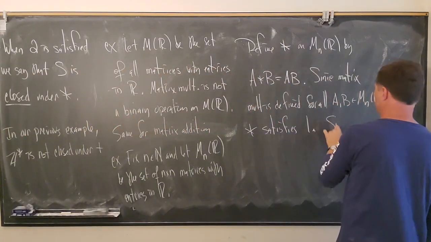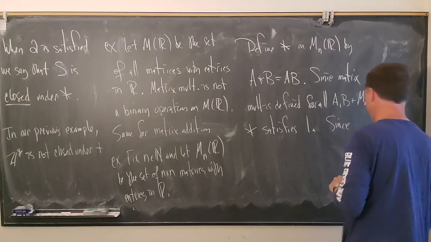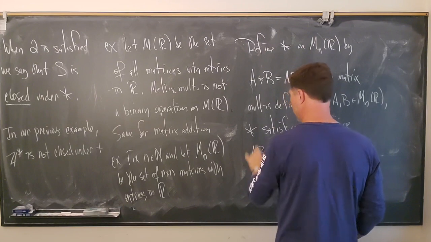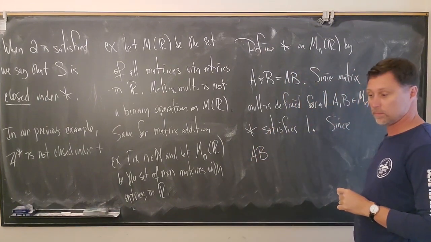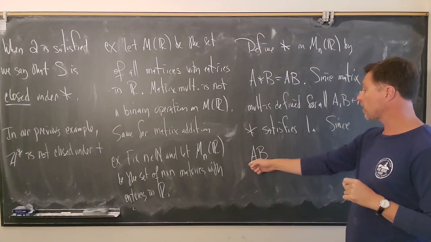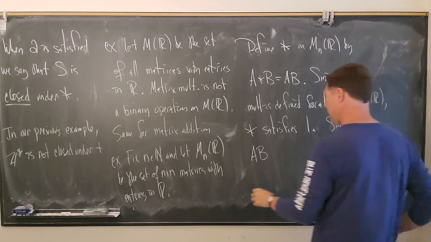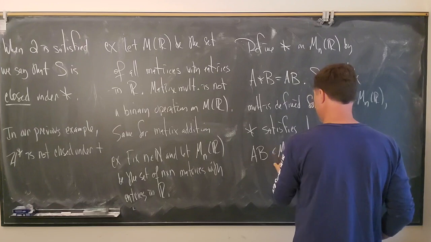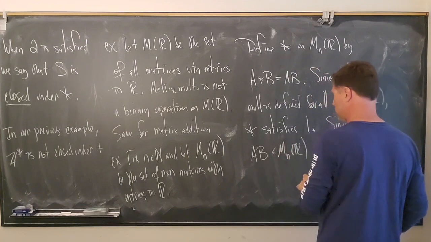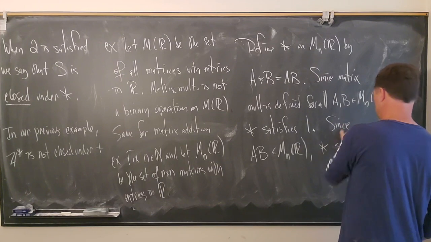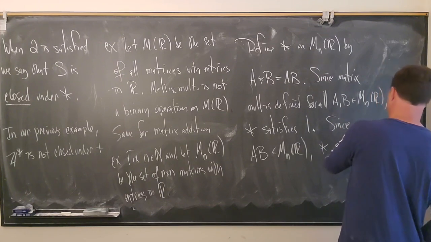Now let's think about what happens if you take A times B. If both of these are n by n matrices, then the result is an n by n matrix. And so since A times B is an element of M sub n of R, star satisfies part 2.